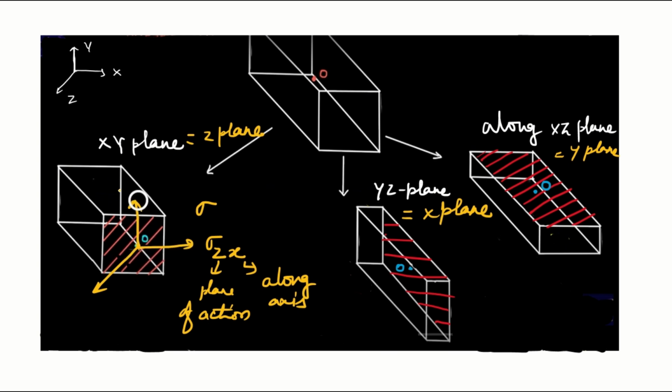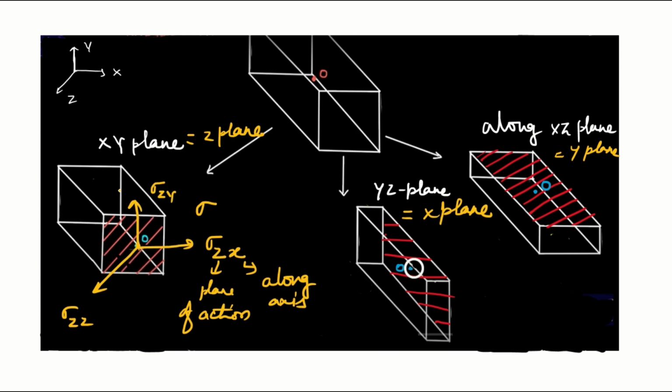This vertical one will denote sigma ZZ. Again the plane is the same, sigma Z, but the direction is along Y, and this is sigma ZY. So these three components are the stress components over the Z plane.